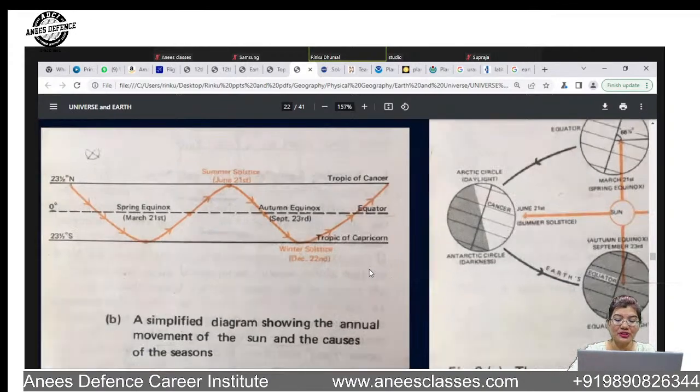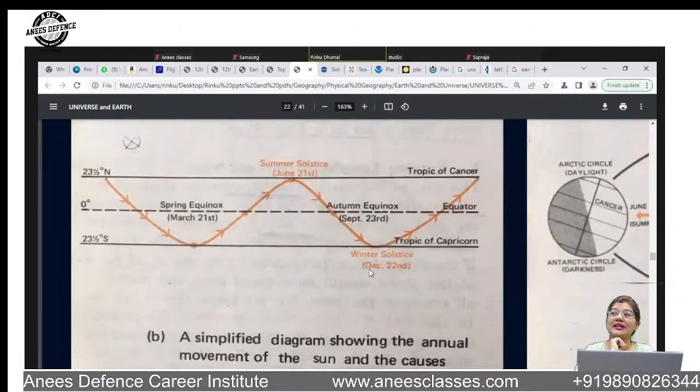In this particular diagram, I hope this is visible, this is what we are plotting. We say that on exactly 21st March the sun is on the equator, and that we call the spring equinox, or the vernal equinox.